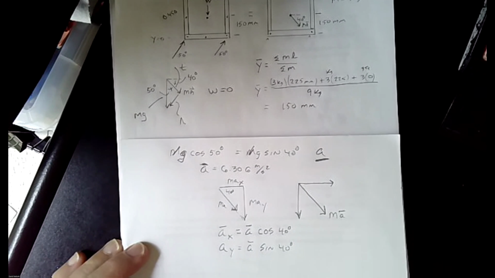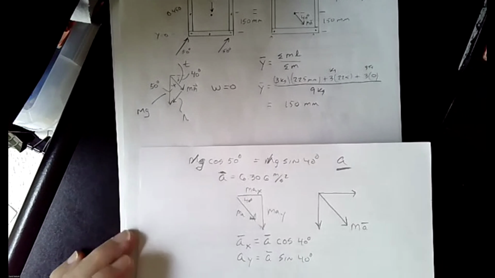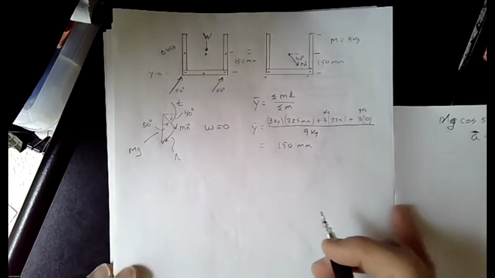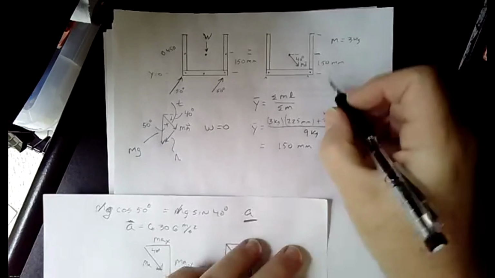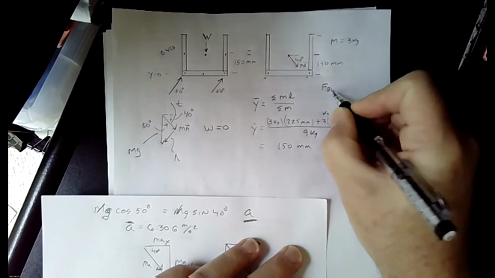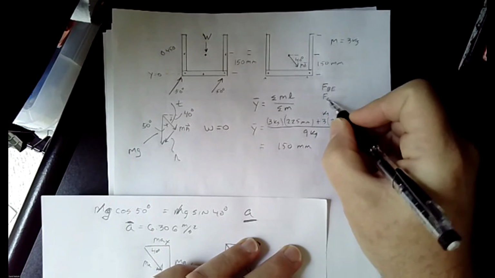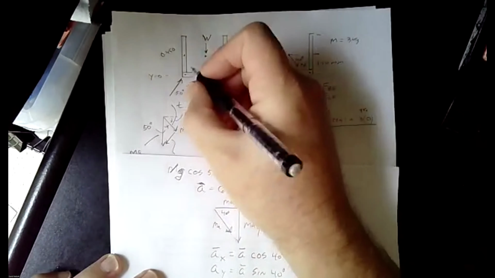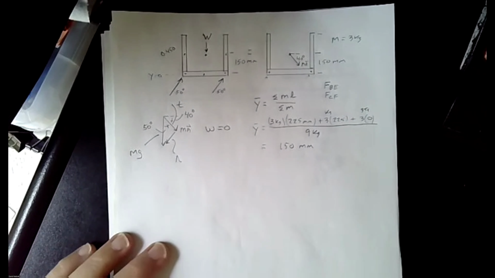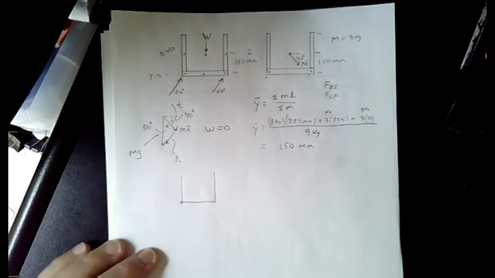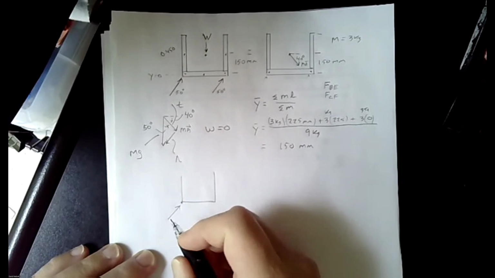So now it becomes very similar to a problem that we would have done before, because again, if we go back to what we're looking for, the normal force in BE and the normal force in CF, right? That's what we want. Look at it like this.